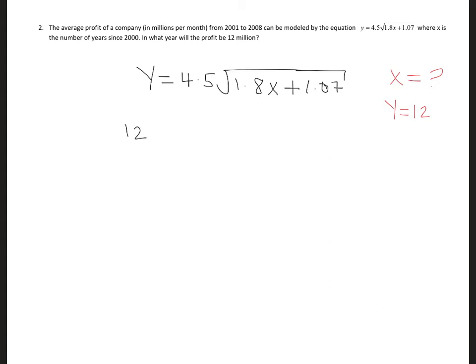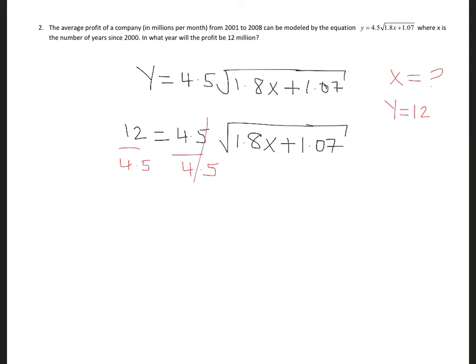So we write 12 is equal to 4.5, and then here we have square root of 1.8x plus 1.07. And here I'm going to divide by 4.5.